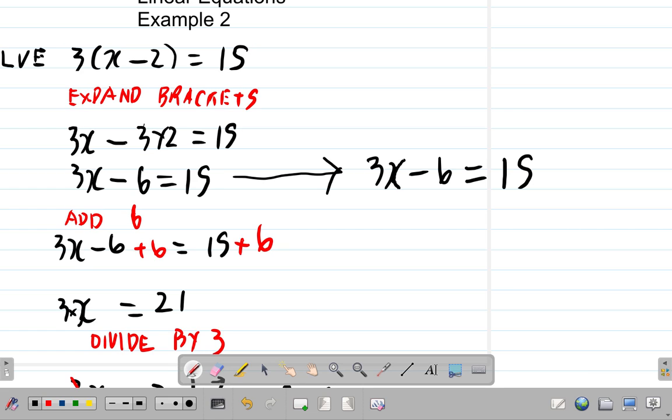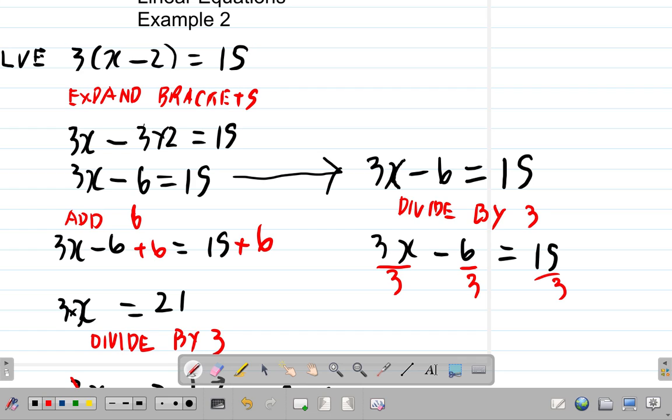But anyway, suppose we divide by 3 here. We would have 3x minus 6 is equal to 15. Now, each term that's separated by a plus or a minus must be divided by the 3. So this is divided by 3, this is divided by 3, 15 is divided by 3. So 3 cancels 3.